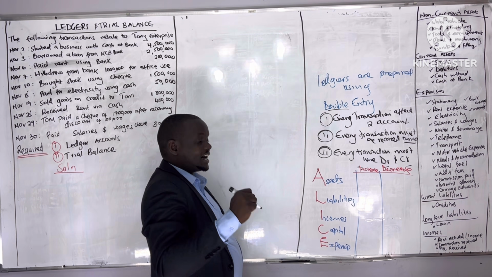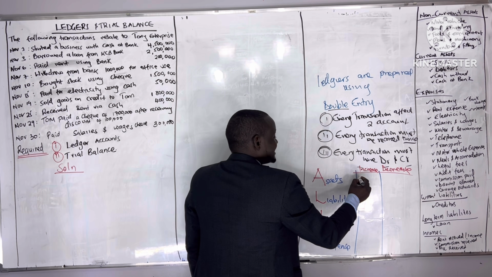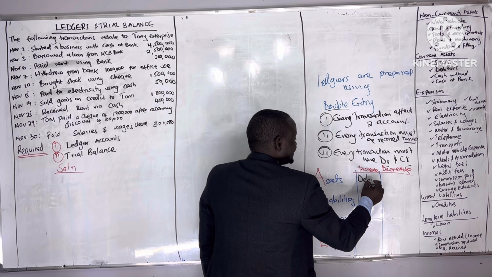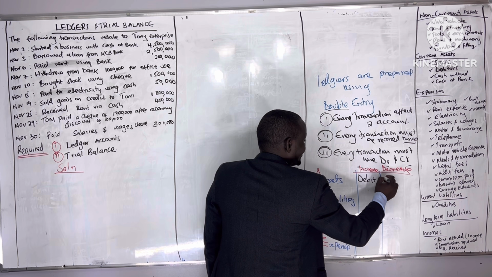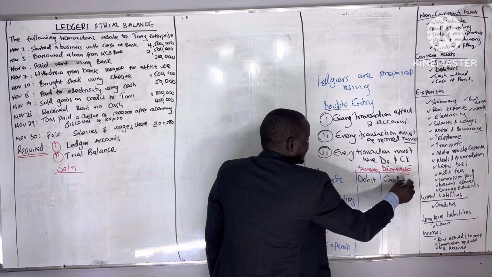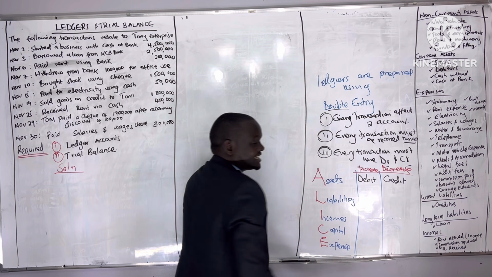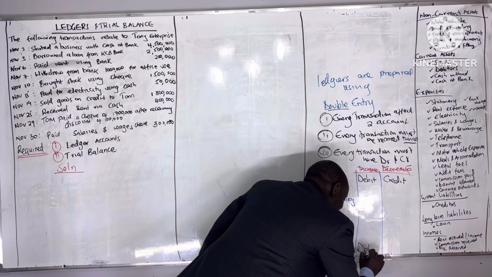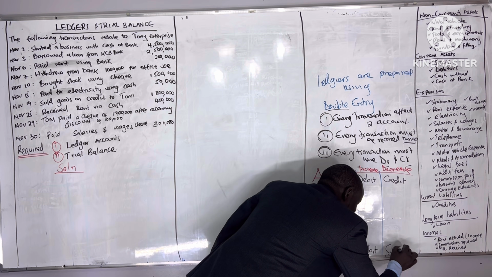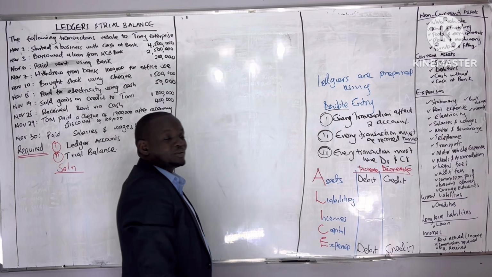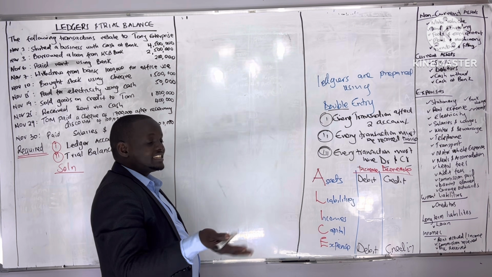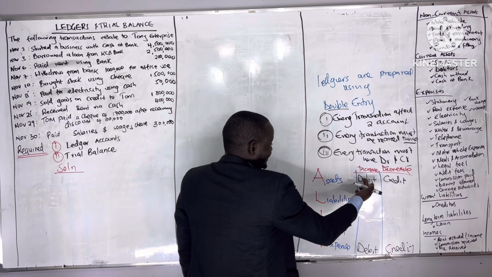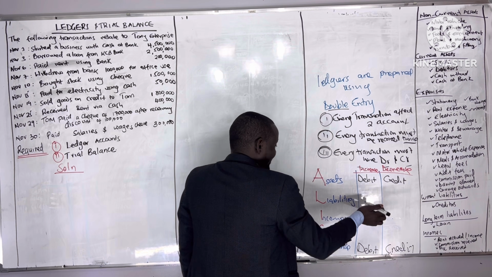When we have an increase in asset, this one will be a debit. This one will be a credit. So we start with debit, credit. Then we end with debit, credit. That's how to remember that. The rest go the opposite way.